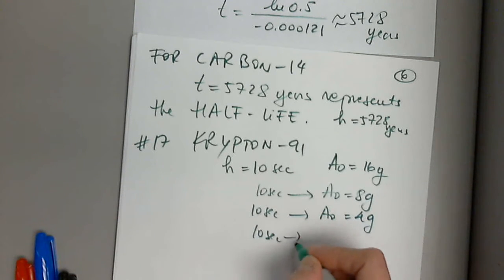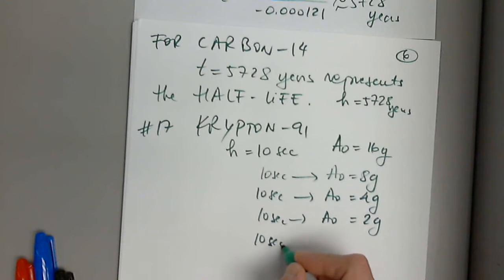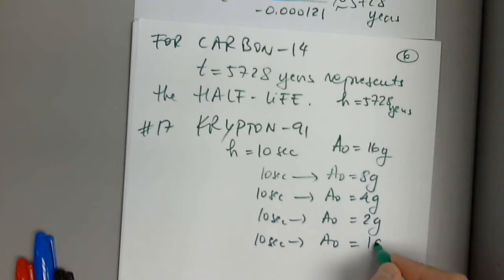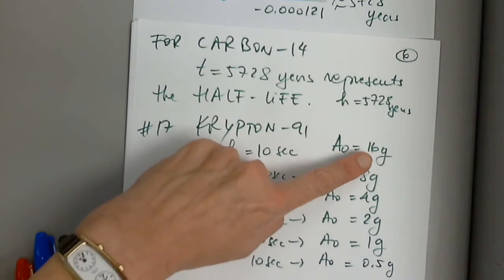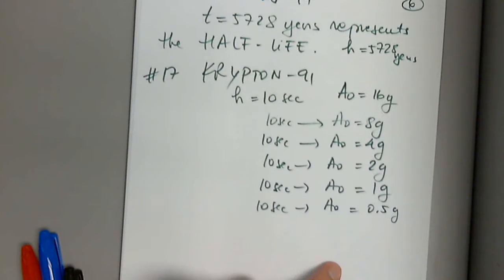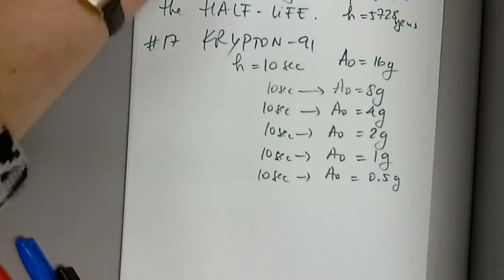Another 10 seconds later, A0 is? And another 10 seconds later, because we're asked at 50 seconds, A0 equals 0.5. So in 50 seconds, the 16 grams become 0.5. Extremely fast.